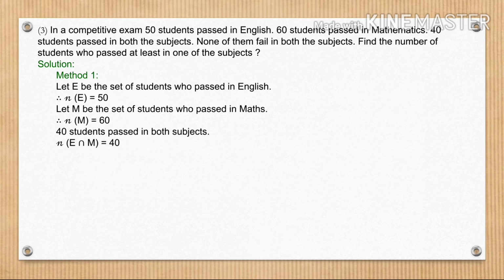And we have to find the number of students who passed at least in one subject. That means we have to find the number of students who passed in English or maths.